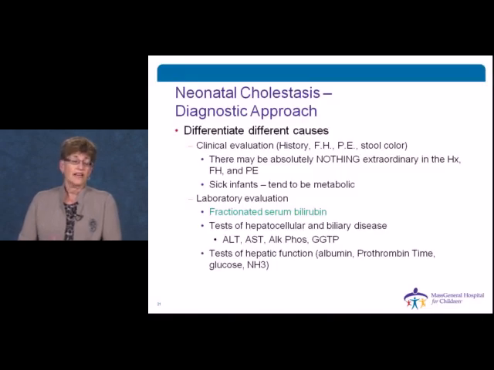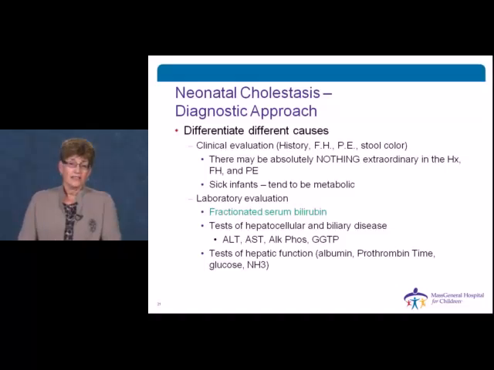So in terms of a diagnostic approach, as I said, that was a very long list. They got categorized a little bit more easily in the last slide. But what we want to do is go back to our basic pediatrics and try to do a clinical evaluation. Unfortunately, there may be absolutely nothing extraordinary in the basics of the history, family history, past medical history in a neonate, and the physical exam.